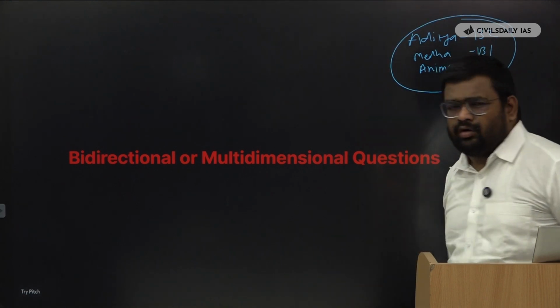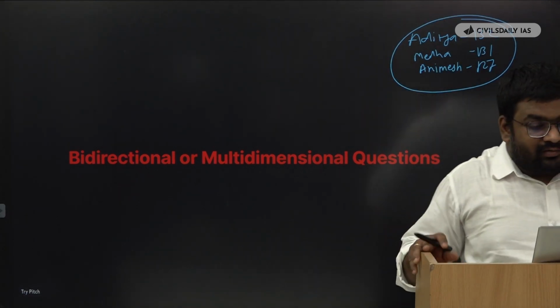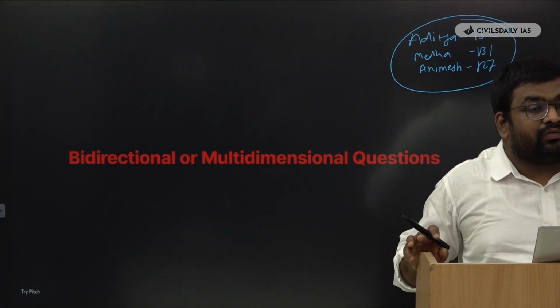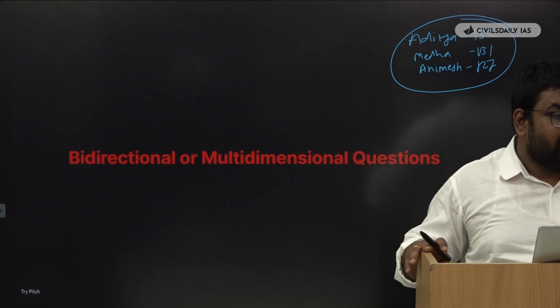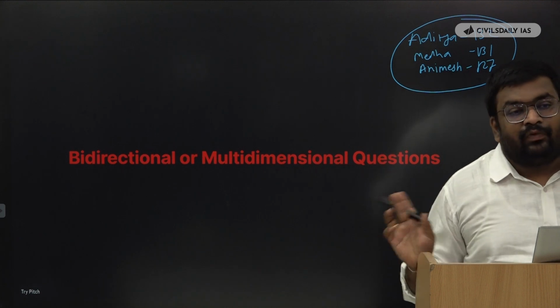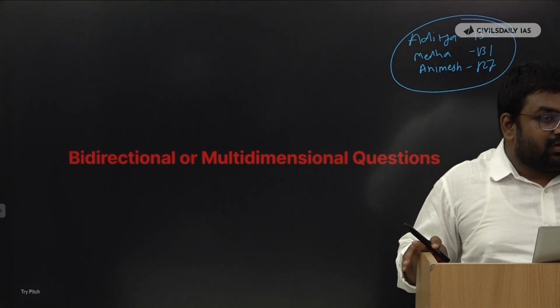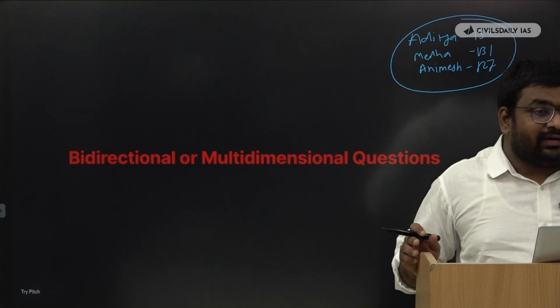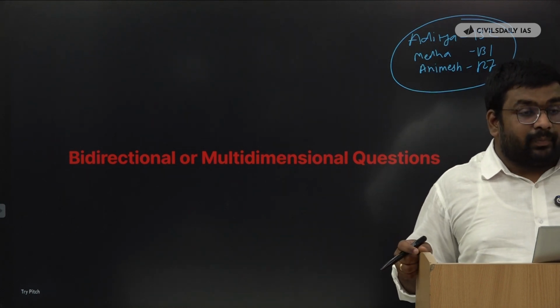So all of them had got above average marks in the GS paper 2. So any of the approaches that they have followed, you can incorporate. But I would recommend you to go through the Aditya Srivastava answers. Okay, just to understand how to write the answer from multidimensional perspective.